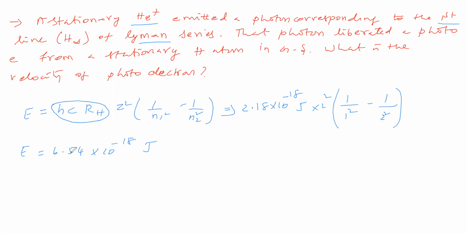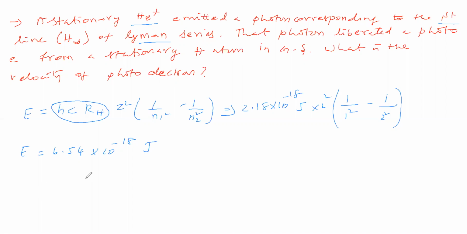So the photon with this energy is allowed to fall on a hydrogen atom in the ground state. Therefore, an electron is coming out from the hydrogen atom, and that electron has velocity.